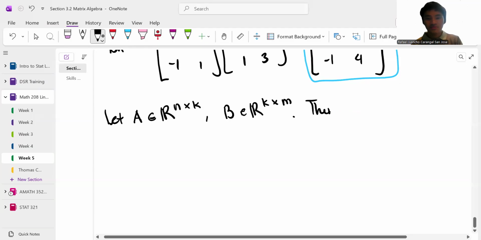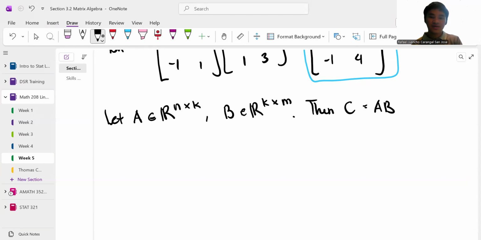Then we know some resulting matrix C equals AB is defined, or it works. Why? Because the number of columns of A is equal to the number of rows of B. K is K, right? So we know that this thing works.